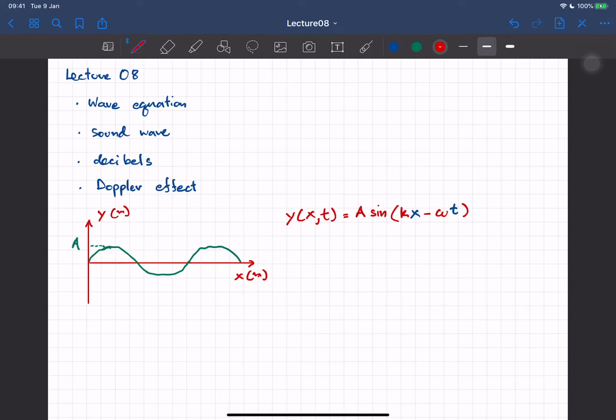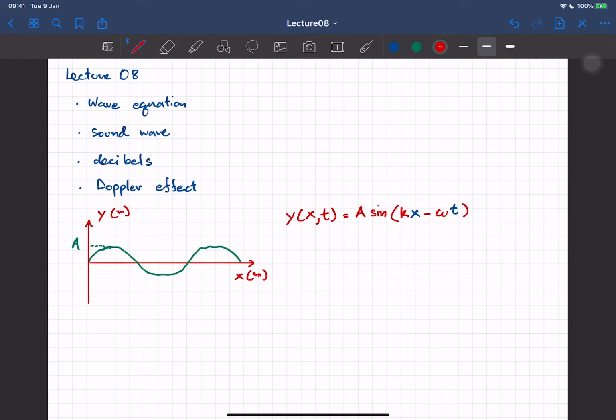I labeled these in blue because those are the two free variables that you need to choose, and then you can get the value for the displacement this way. So we have two variables, x and t.